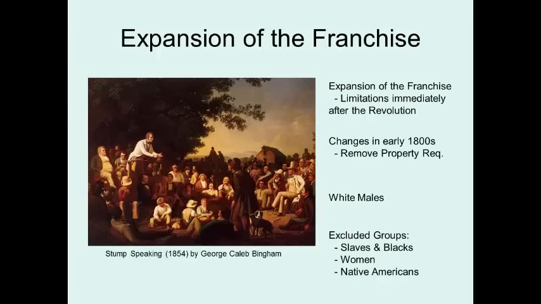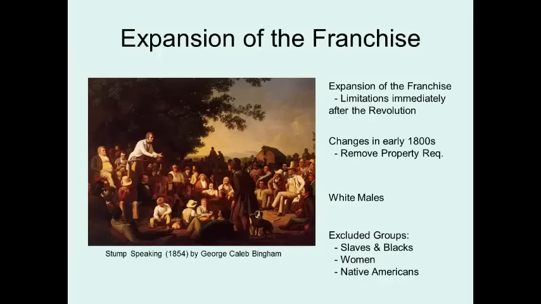Because again, of those changes that we're talking about, most people aren't necessarily property owners anymore. They're becoming wage earners. So they start to change these requirements in the early 1800s. And almost every state will remove property requirements for voting. So after they remove property requirements, your basic qualification for voting is that you are a white male.